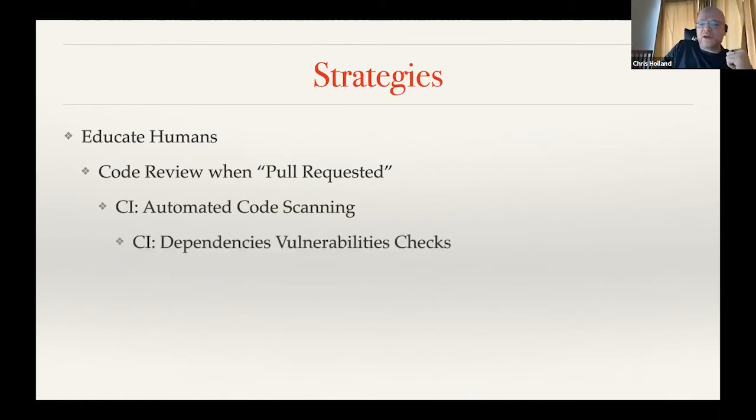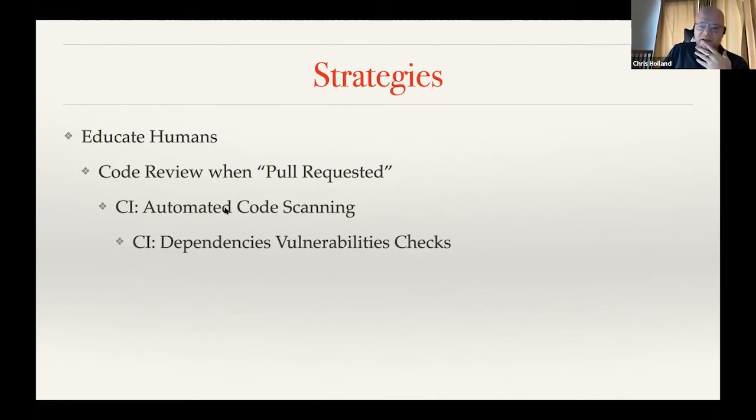Then we'll look at different tools for dependency vulnerability checks, because part of a winning strategy is to first of all educate humans, but we're not going to catch everything at all times, and having tools to help us catch additional things that we may miss will help us out.